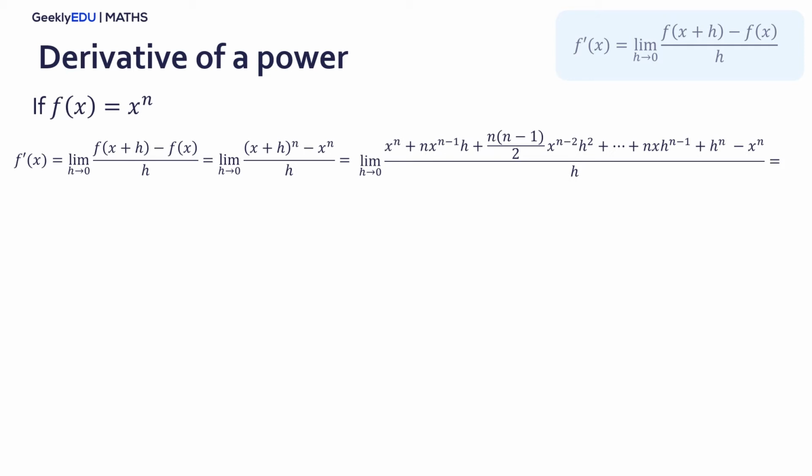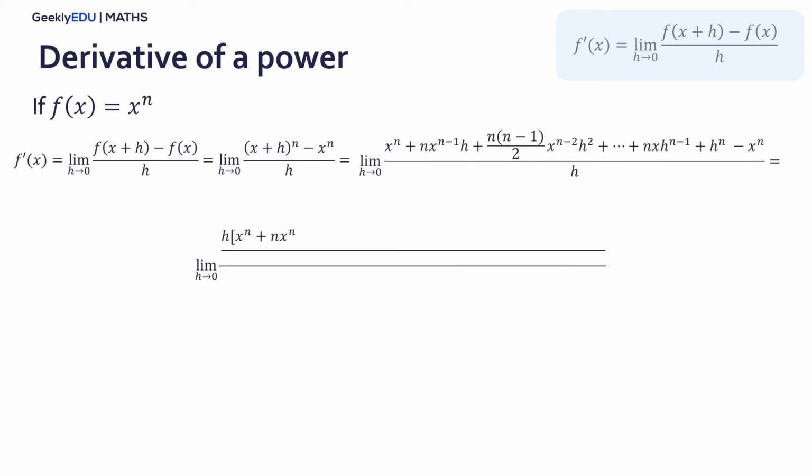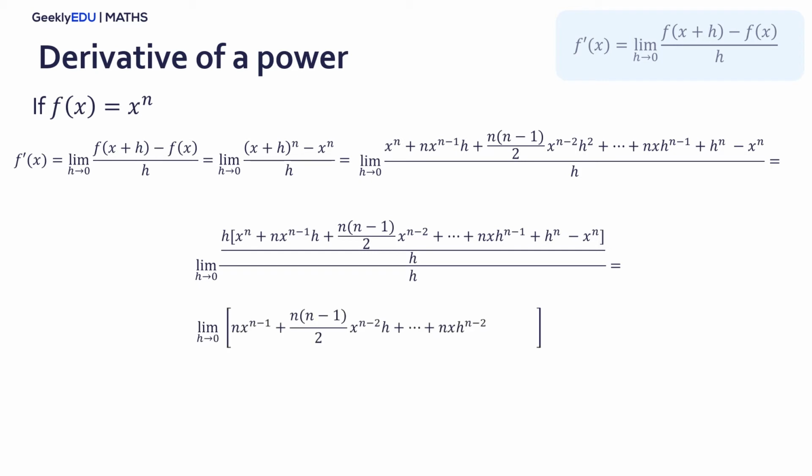Then we have to factorize, dividing and multiplying by h. Now we can simplify, and then apply the limit when h approaches 0. Finally, we have that the derivative of a power is the power number multiplied by x to the power n minus 1.